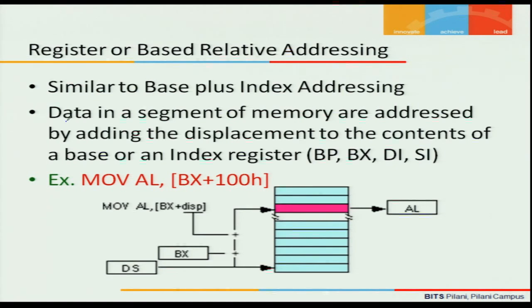So you will be accessing data in a segment of memory which is obtained by adding the contents of a base or an index register. So you could have BP, BX, DI or SI, and a displacement.